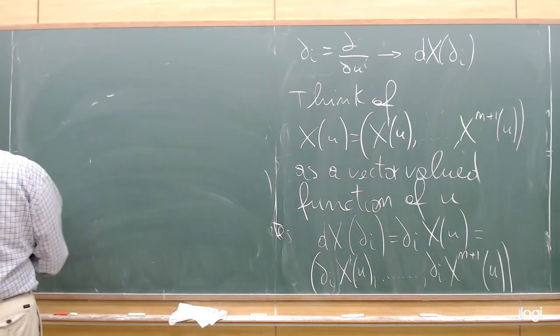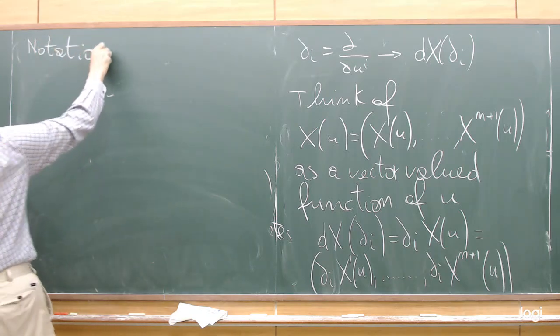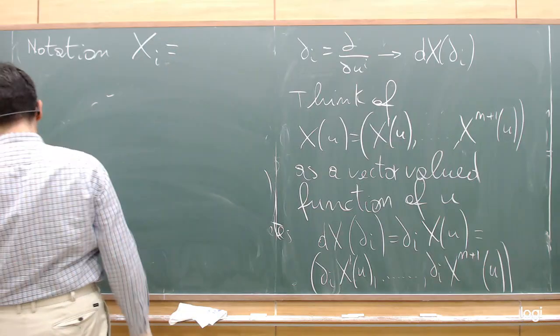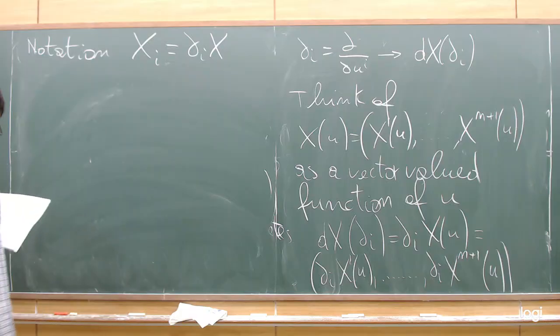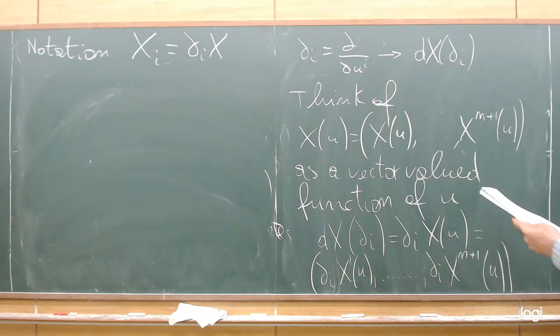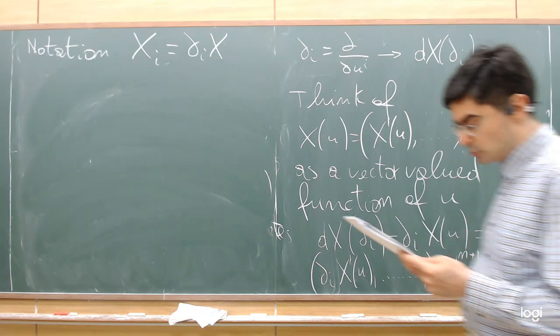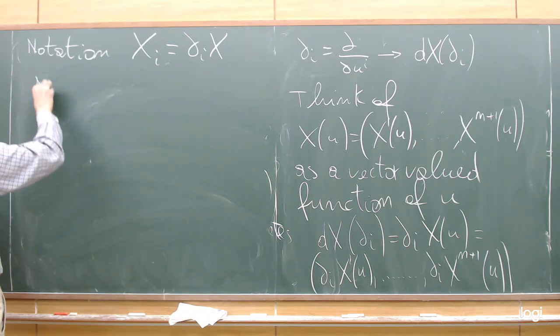And in the sequel, we use this notation, xi equal delta i x. So what we did so far is that we have the vectors which are tangent to the submanifold. Now we have to find n.